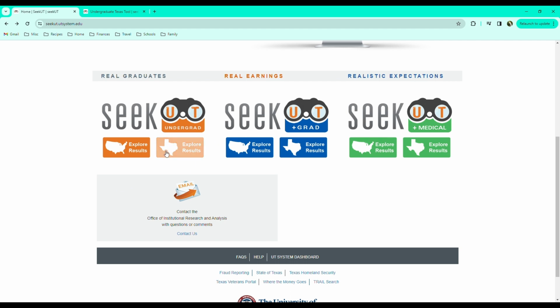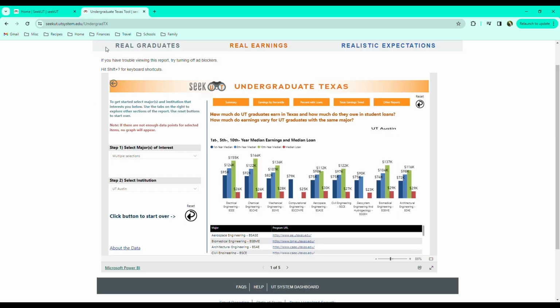What I've done is I've gone to the Texas results, and I'll show you those in a minute. Looking at national results to me would be more helpful, but the way that data is presented is a little bit more difficult. So we're going to just look at UT grads that graduate and stay in Texas, and look at all the different engineering majors available.